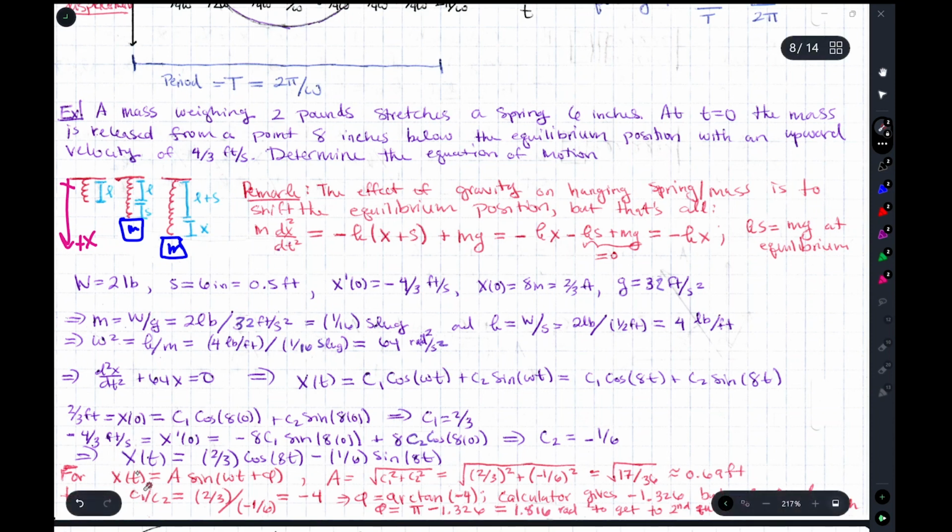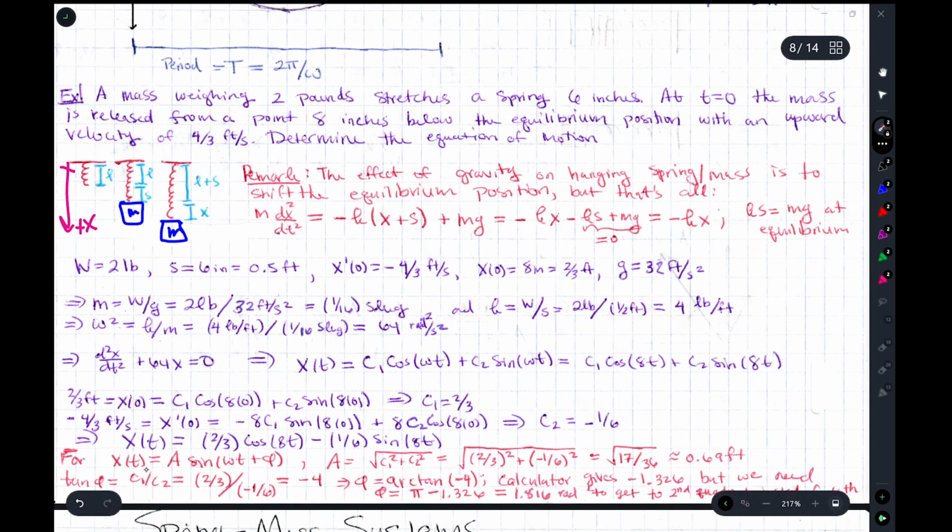I remark here that you could instead use that notation, but we have the formula for that. Since we're using the sine, we've got to be careful that tan phi is equal to C1 over C2, and so you would get that phase. By the way, this is equal to -4.